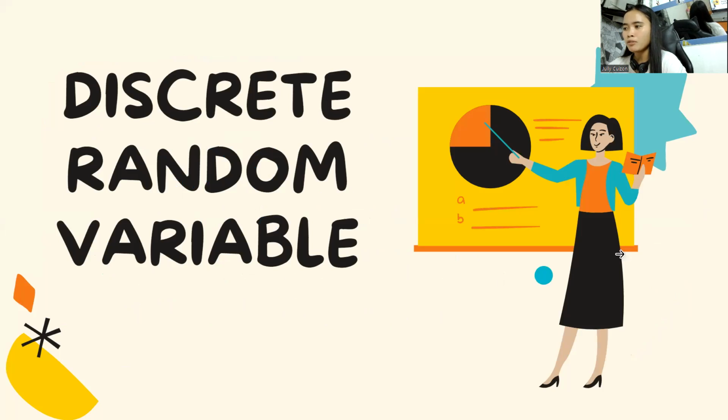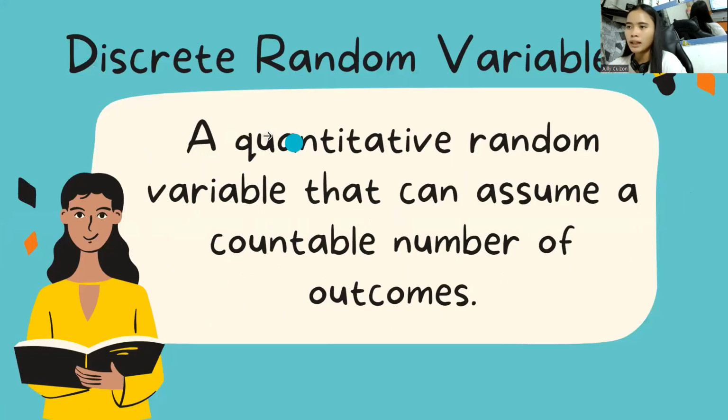Discrete random variable. By definition, it is a quantitative random variable that can assume a countable number of outcomes. It talks about numbers.